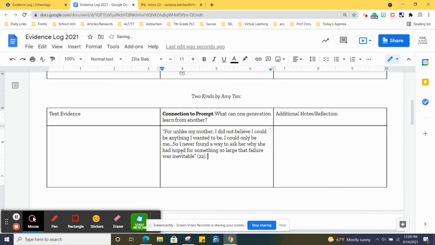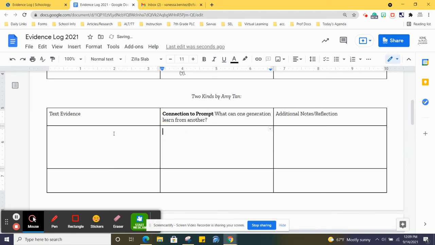And that's how we correctly insert textual evidence: quotation, parentheses, page, parentheses, period. So looking at that quote, and I put it in the wrong box. My bad. Put it over here.